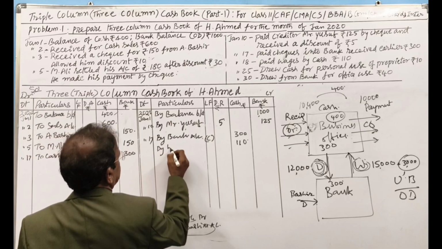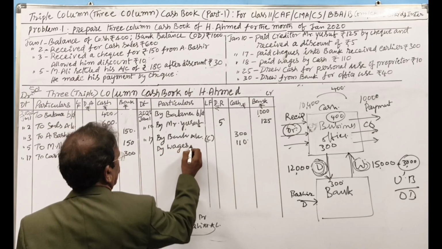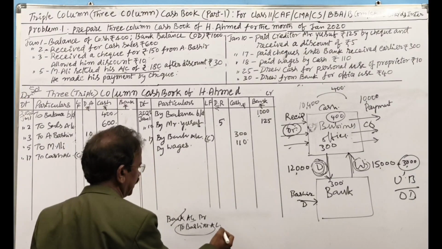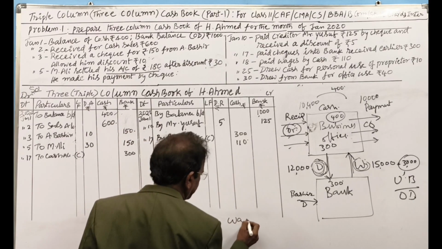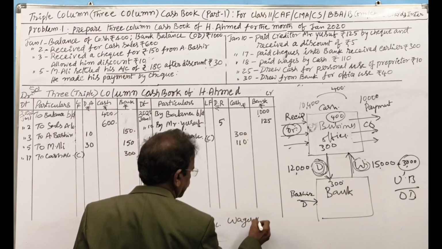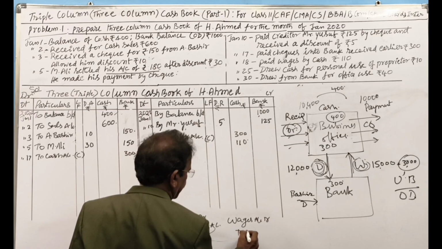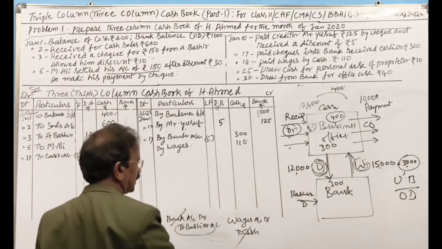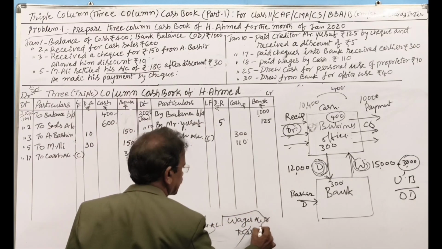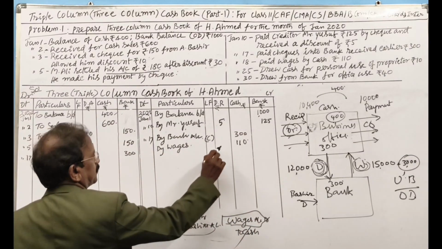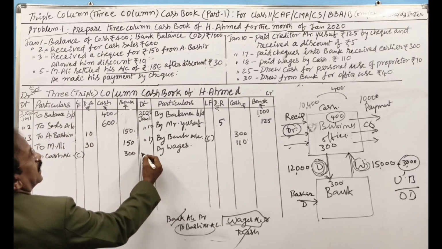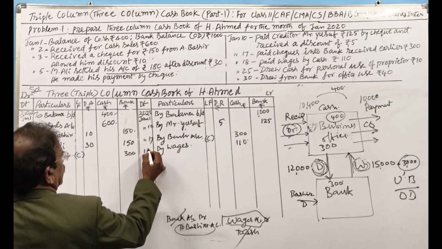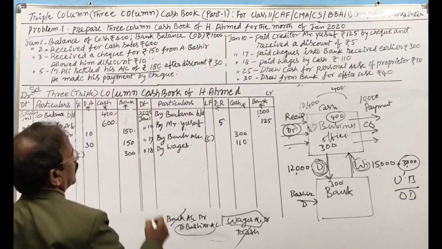By wages account you should write. Why should you write wages account? You should assume the journal entry. When you are paying wages, wages account debit to cash account. Since you have entered in the cash account, cancel it. Now wages is left. That wages you have to write here. What is the date? Date is 18th. Ditto 18.